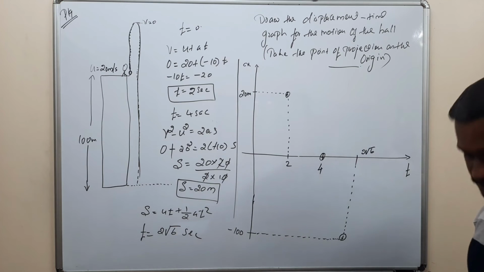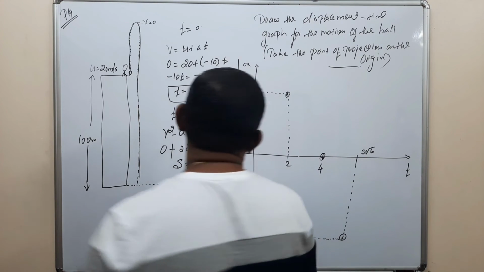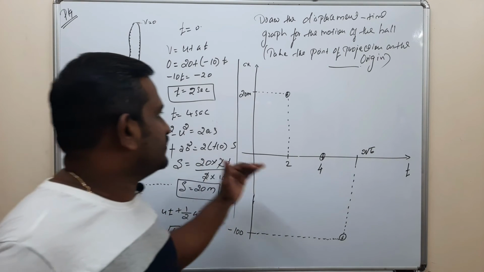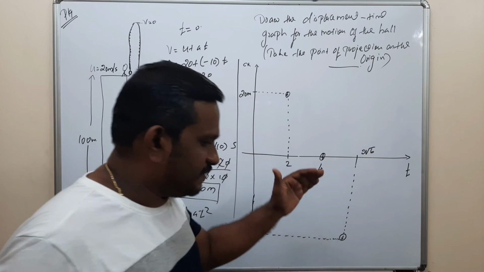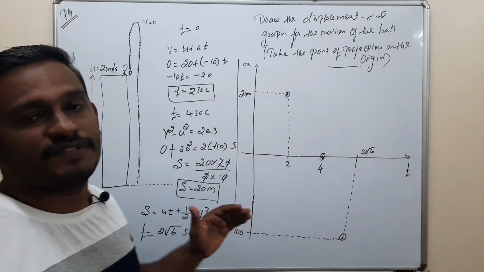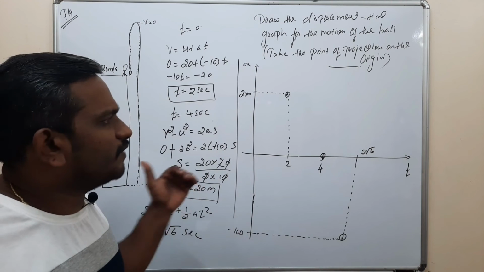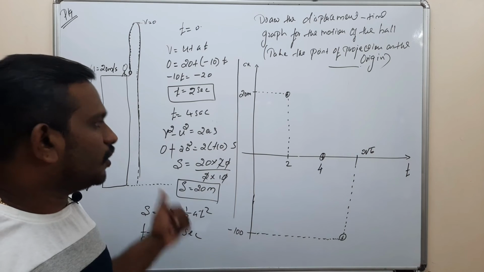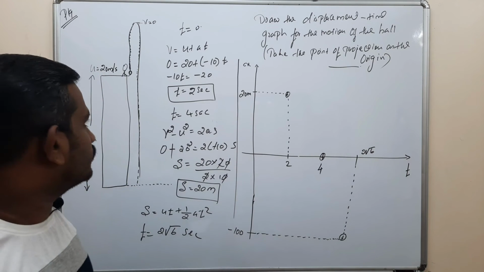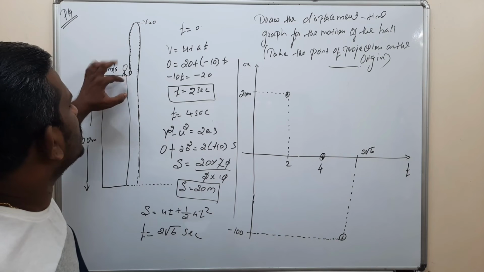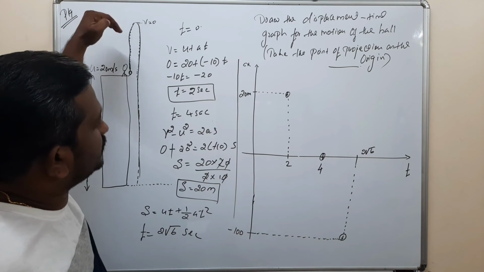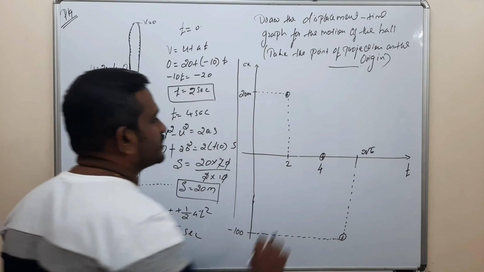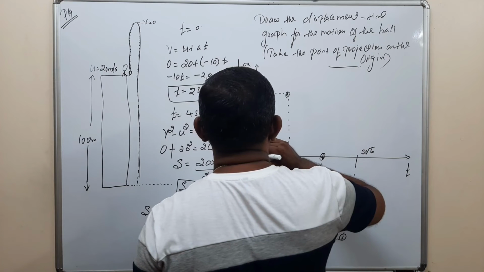So we have to draw the graph connecting these points, in such a way that the graph gives the velocity, because from the displacement time graph we have to find the velocity. According to that only we have to draw the graph. When the ball is projected and goes upwards, up to 2 seconds the velocity decreases. So the curve is like this.